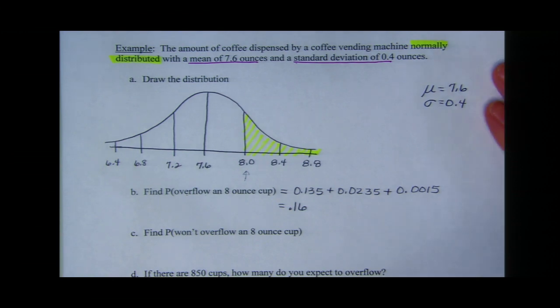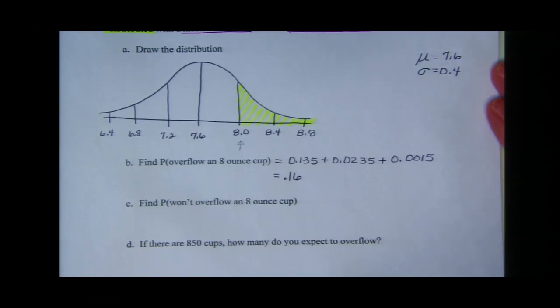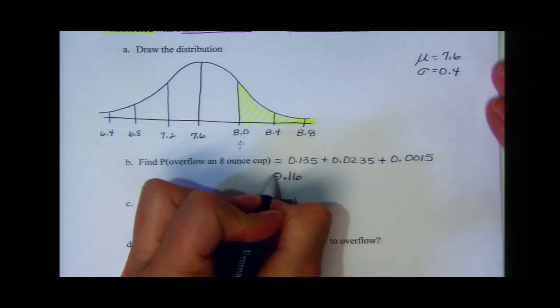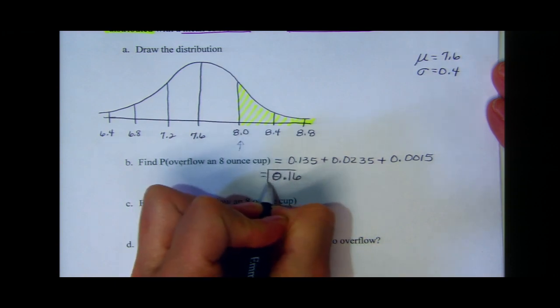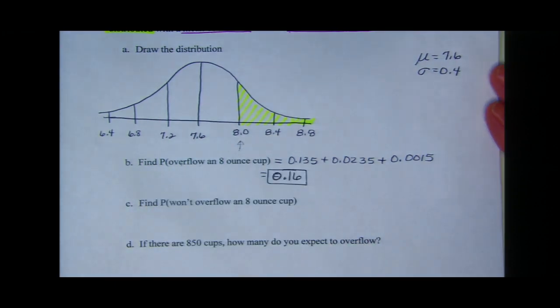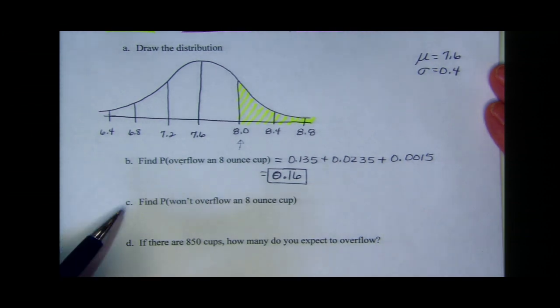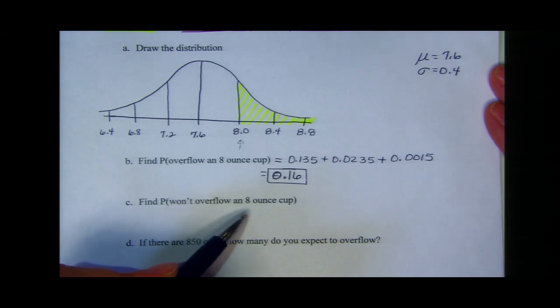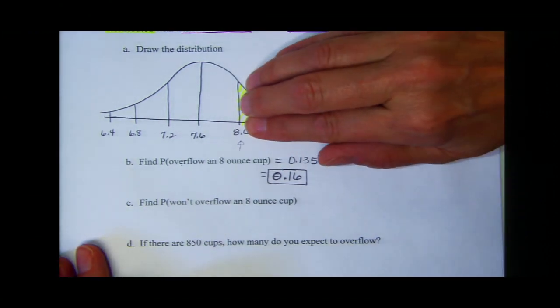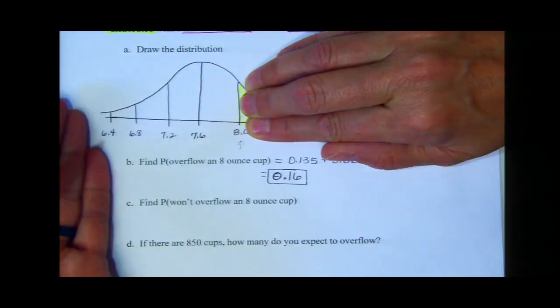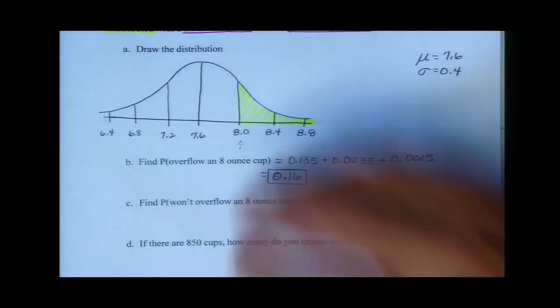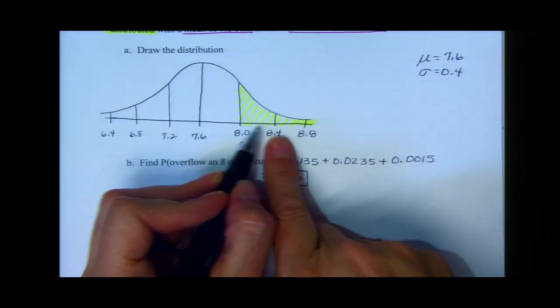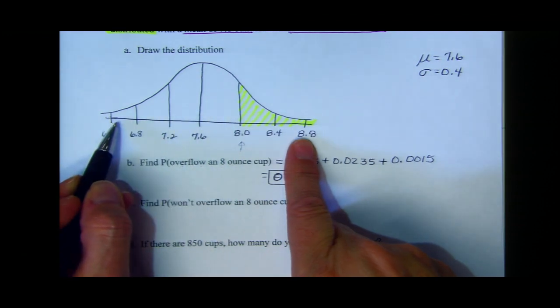All right. Next question. Well, I like my 0 in front of it. Okay, there we go. Part C says, find the probability that it won't overflow an 8-ounce cup. Well, won't overflow is the non-shaded portion. What is the relationship between the shaded and the non-shaded?